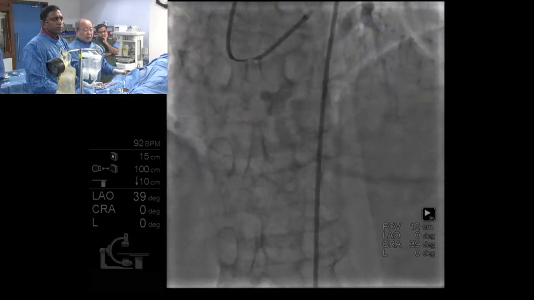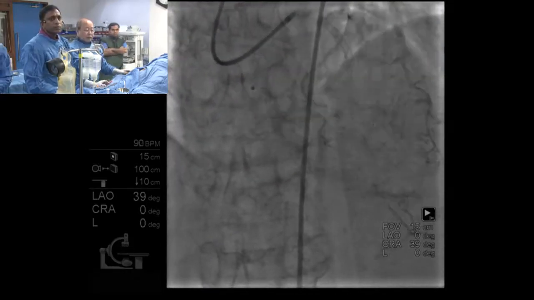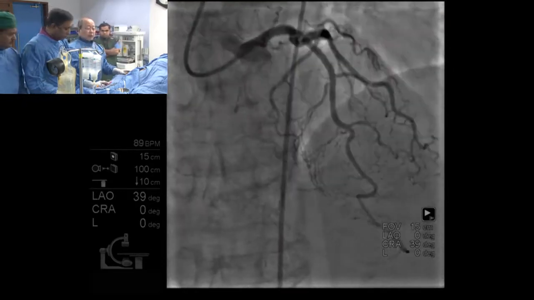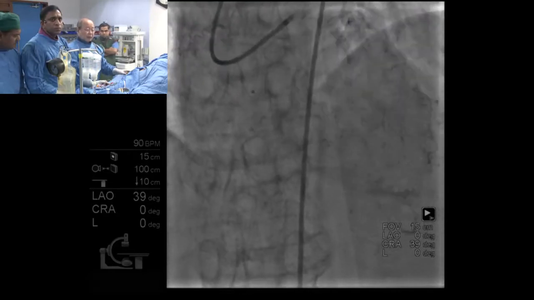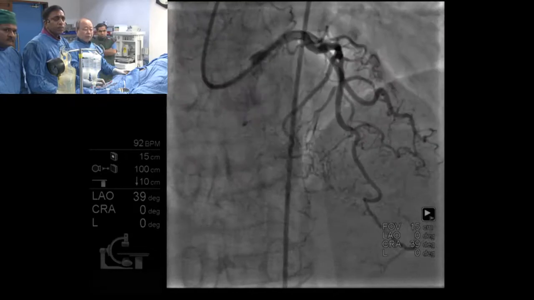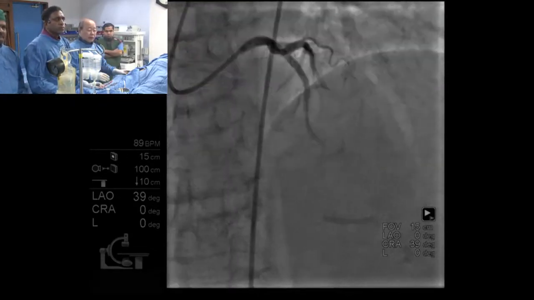So that means we cannot take the retrograde approach for this patient through the septal branch route. And second, the left coronary angiography is not helpful to identify the distal anatomy of the right coronary artery.